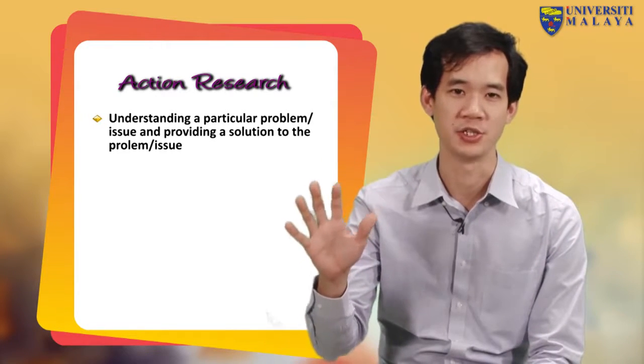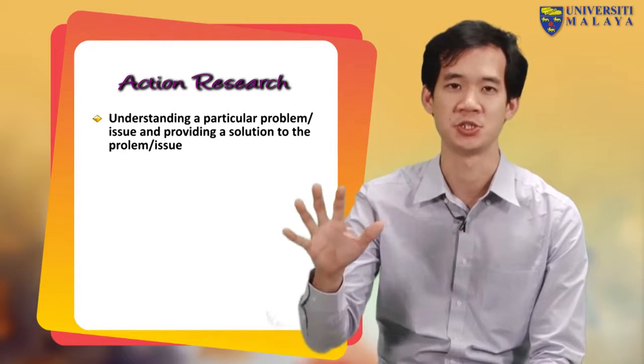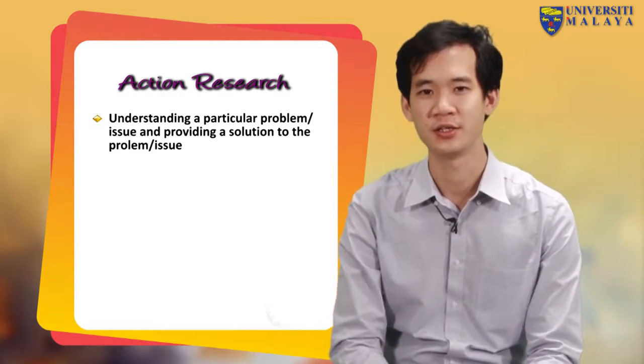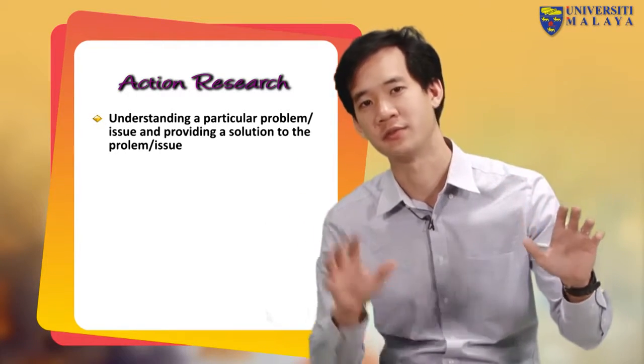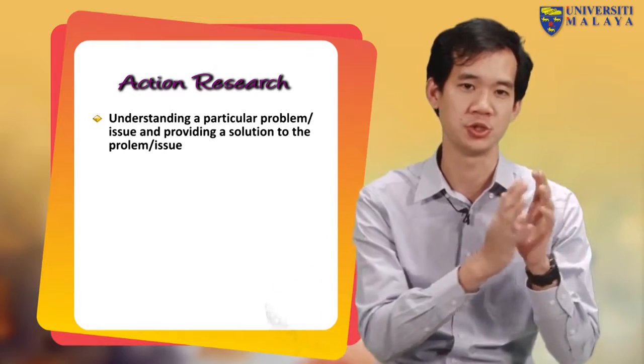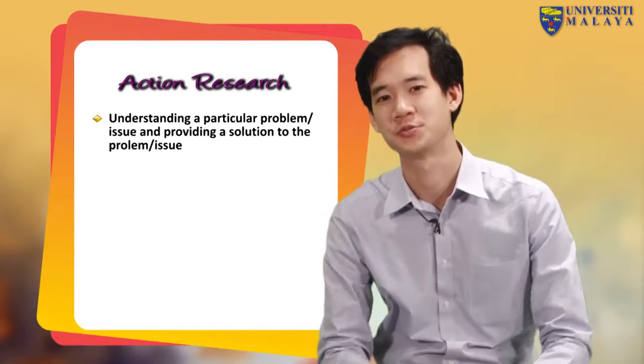Action research was first developed in the 1940s. In action research, the researcher wants to balance two things. They want to understand a problem or issue. They want to be a researcher who researches this thing. And on the other hand, they want to use what they have learned to provide a solution to this problem or issue.